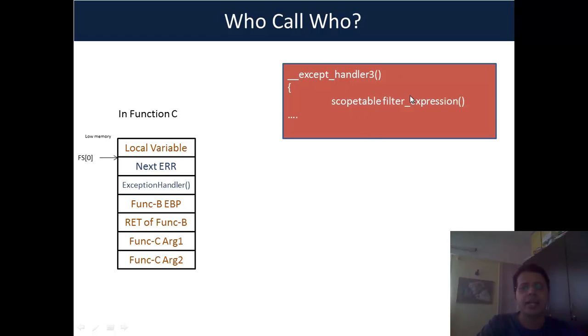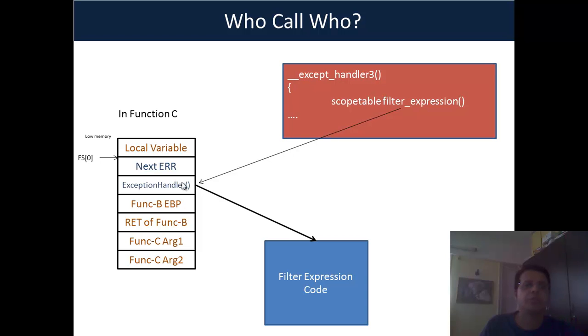Inside that, it would look at the scope table and take every single exception registration record and check whether the filter expression is telling it that it can handle the exception. As we mentioned, the filter expression is nothing but the pointer stored here, and this in turn points to the filter expression code which the developer may have mentioned.